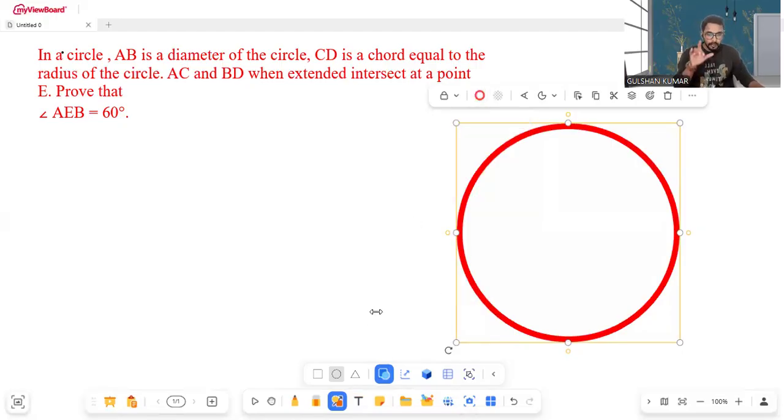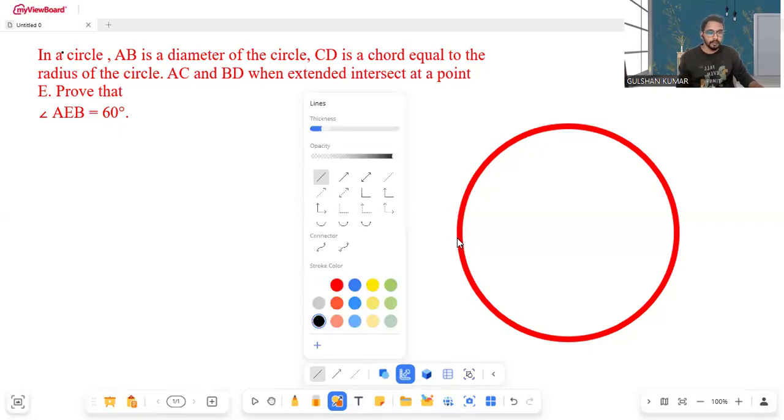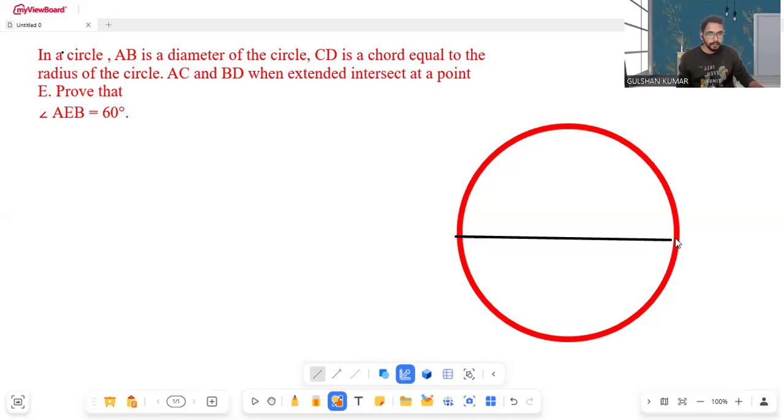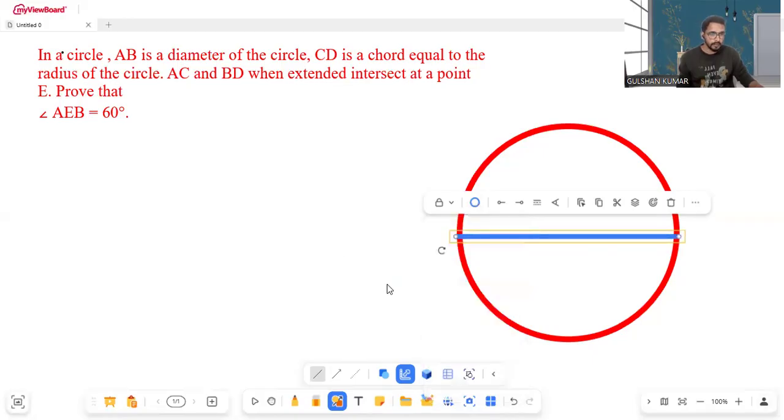Now we first mention the diameter, which is the largest chord of the circle. This is the chord of the circle, and we can increase the thickness so that we can easily understand it.